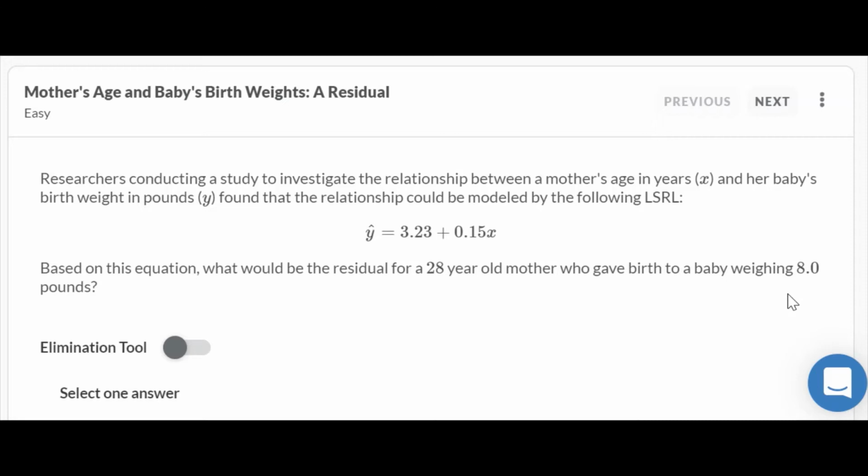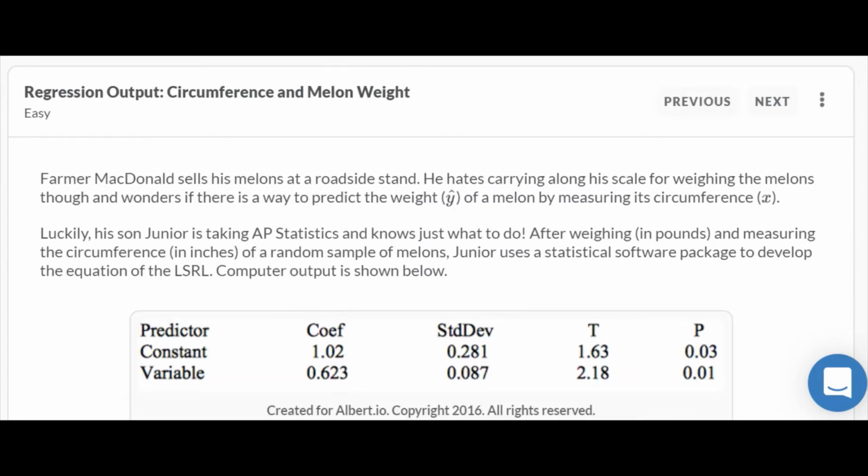Then to calculate the residual, you subtract off what you expected or predict to happen. So to figure that out, you plug in the 28-year-old mother for X, solve for your prediction, and then you do 8 minus that number. It is as simple as that. So let's take a look at the next problem.